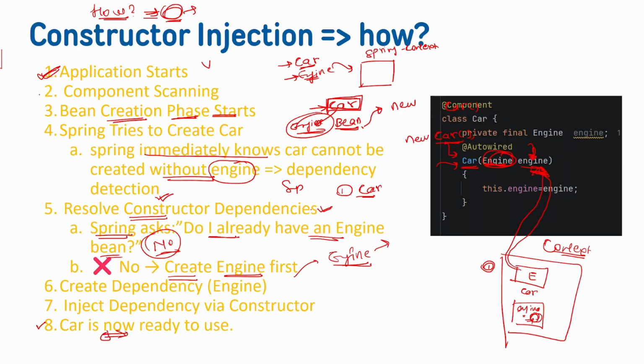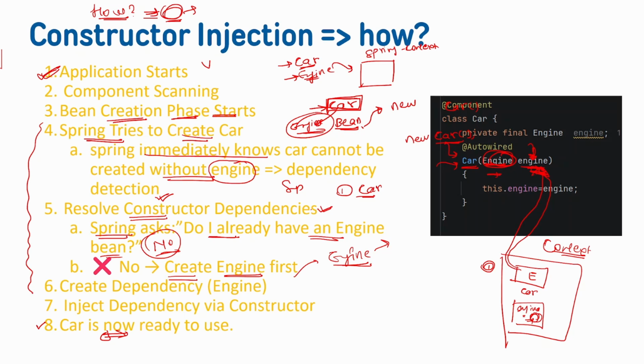So from here to here, there is the dependency injection part. First Spring tries to create the Car with constructor injection, because we need to call the constructor for the creation of a new instance. Spring calls the constructor, but it sees that the Car is dependent on the Engine. So first it resolves the dependency.